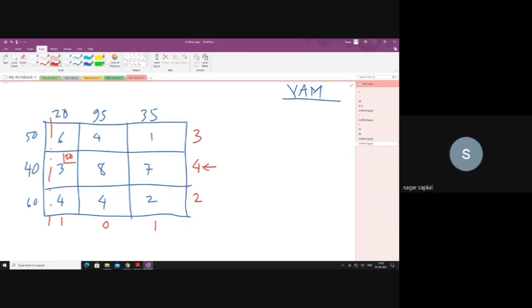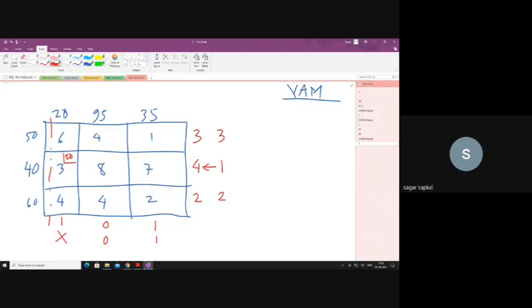What is the next smallest? 4. What is the difference between these two? 3. Similarly here, smallest is 7, next smallest is 8, difference is 1. Here it is 2. Here it is 1. Here it is 0. And this is over, so the penalty cannot be calculated.